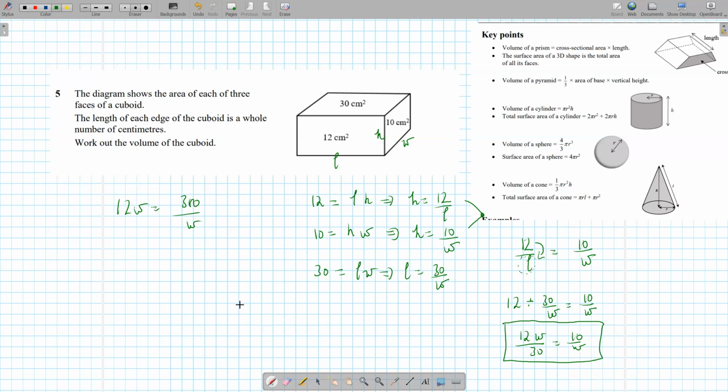What do you do when the unknown is in the denominator? You multiply both sides by the denominator. What's 12W times W? 12W squared. Yes, good. 12W squared. There we go. How do we solve this equation for W?